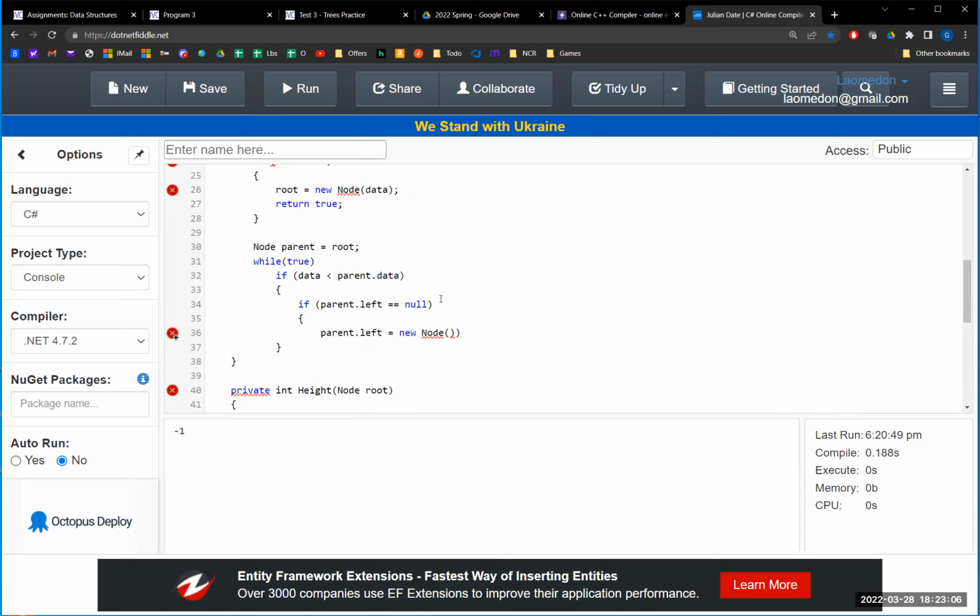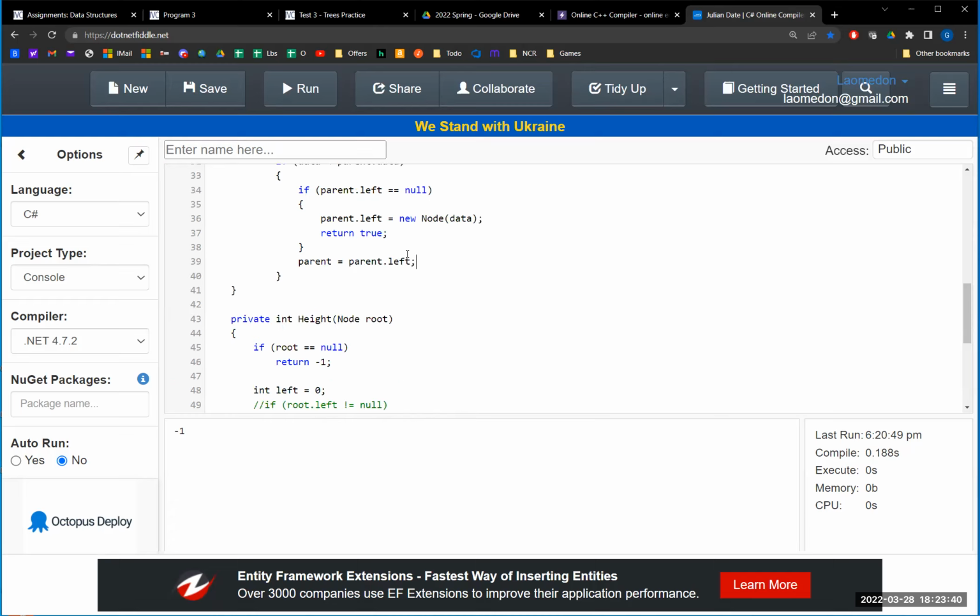Seeing new node data over and over in the code here is a little bit redundant. So that's one of the things we can do to reduce things, is just go ahead and create a new node and just find out where it gets attached later. All right, and if it's not null, we'll just go ahead and slide to the left.